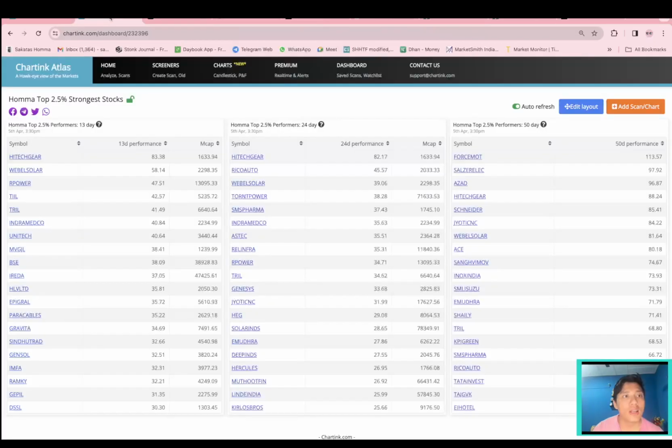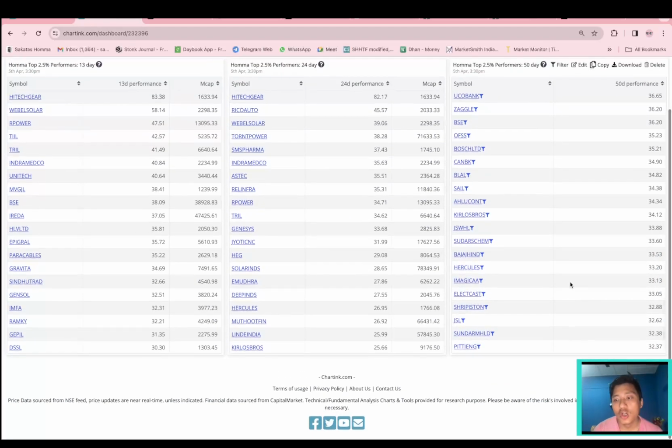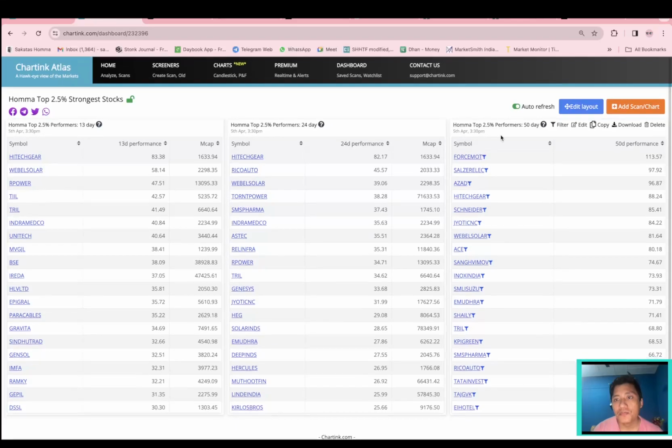You all have this top 2.5% strongest stocks dashboard, and in this, the third one is the one you need to focus on. It gives you the top 100 names from the NSE universe, which has about 2,000 stocks, so 100 out of 2,000 would be the top 5%, right?